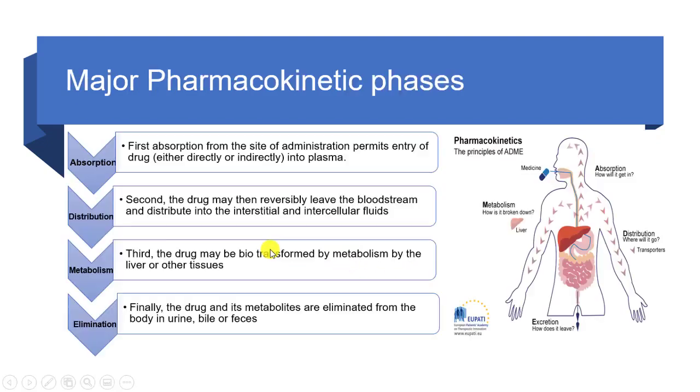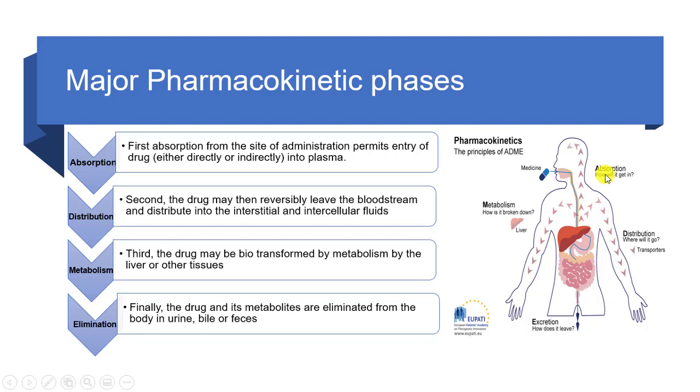If I move to my next slide, I want to talk a little bit more about the pharmacokinetic phases or properties. They consist of these four steps, as I have previously talked about. If you look at the right side of the slide, you can see the four processes in much greater detail, with a model of a human being.